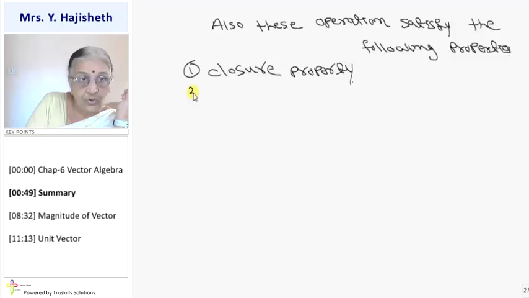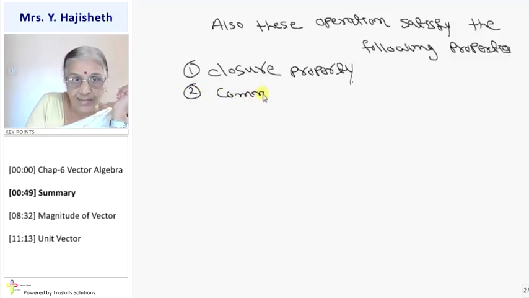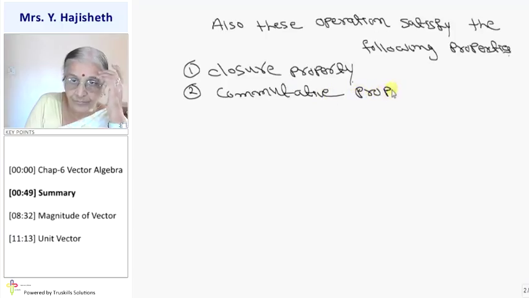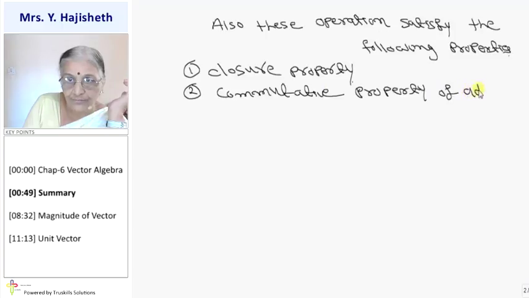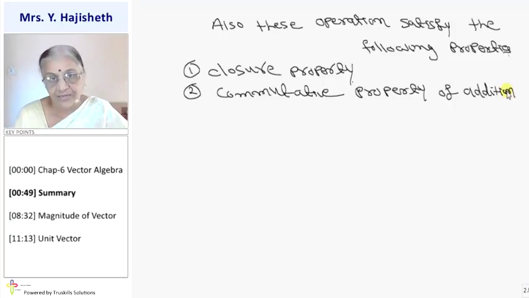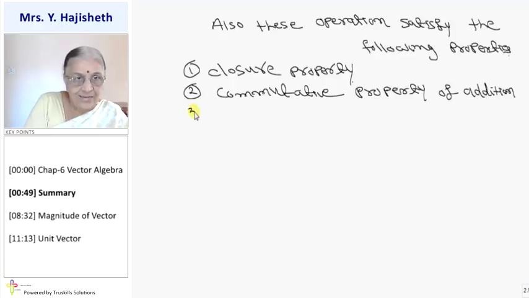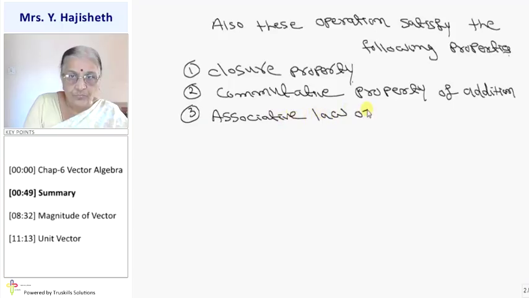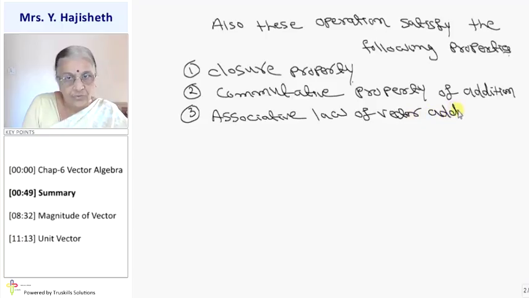We have learned the commutative property. याद आया? Commutative law of addition: मतलब if vector x and vector y belong to R cube, then vector x plus y is equal to vector y plus x. याद आ रहा है? Third is the associative law of vector addition. That also we have learned.